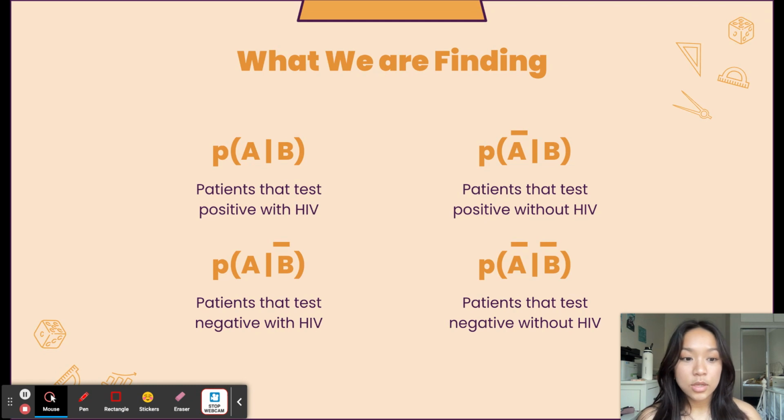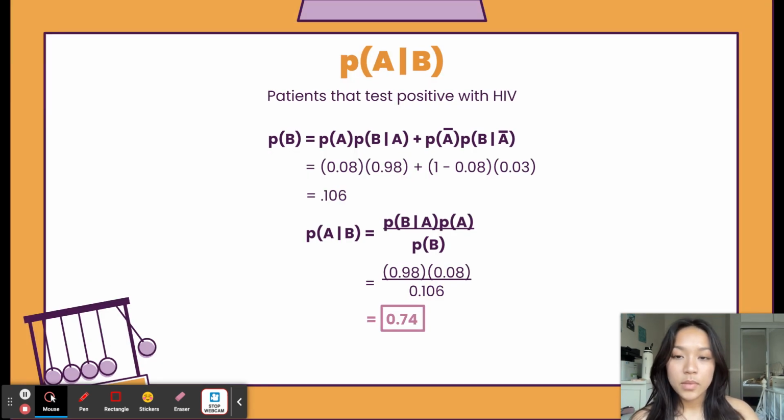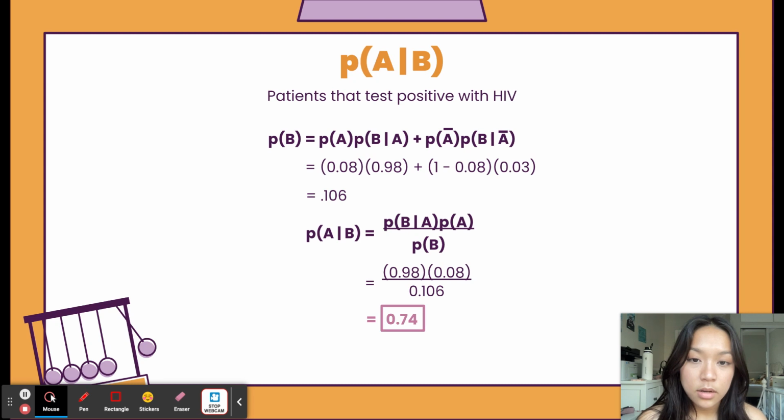And then this is just a reiteration of what we're trying to find. We're trying to find patients that test positive with HIV, patients that test positive without HIV, and then the opposite, patients that test negative with HIV and without HIV. So to find A given B, or the patients that test positive with HIV, we can see our equation right here. All of the information was given to us, so we're just plugging that in.